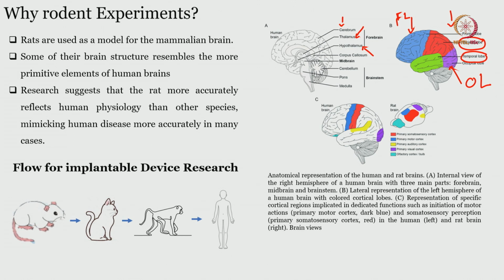So, this is the internal view of the right hemisphere of the human brain with three main parts: forebrain, midbrain and brain stem. If you see this particular schematic, which is in C, you see how the human brain and rat brain are compared.